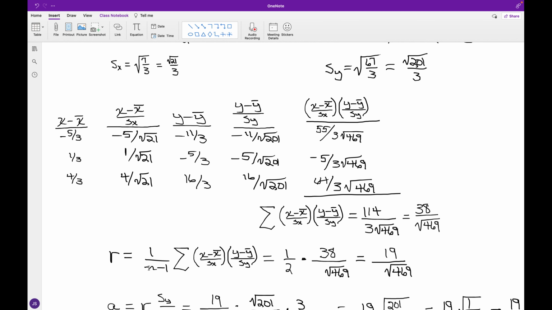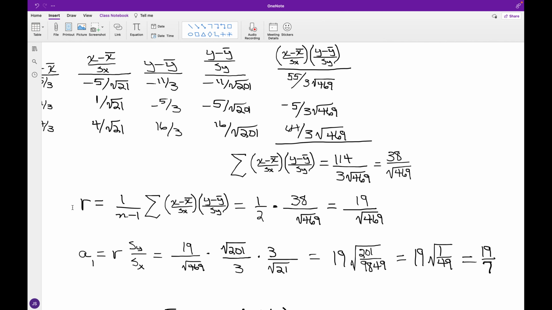So you have 1 over 3 minus 1, which is going to be 1/2, times 38 over the square root of 469, and so half of 38 is going to be 19, and we have 19 over the square root of 469. So r is what is referred to as the correlation coefficient. The correlation coefficient, again, is 19 over the square root of 469.